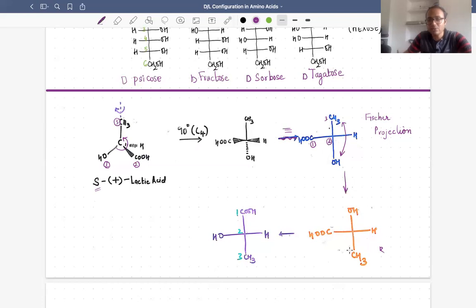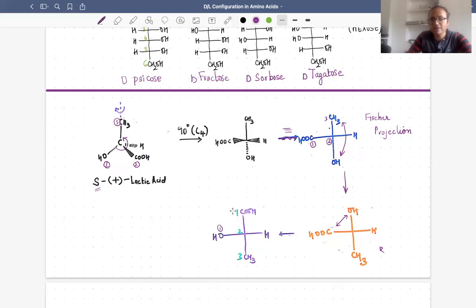Now the only thing is you have to bring CHO here. So do this exchange. If you do this exchange, what will happen? You will get this particular structure, where CHO is here, OH here, and the rest of the things you haven't touched. So now you can again cross-check whether it is correct or not. We are getting the original Fischer or not.